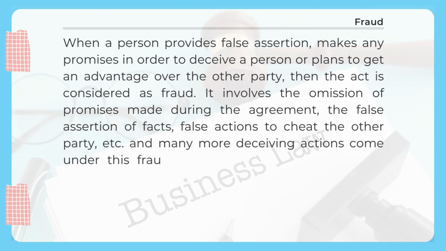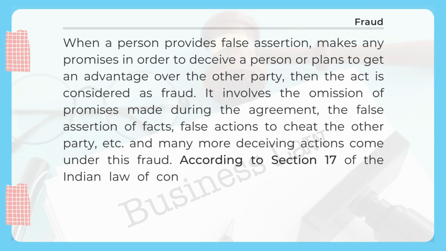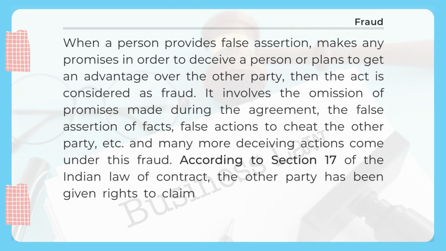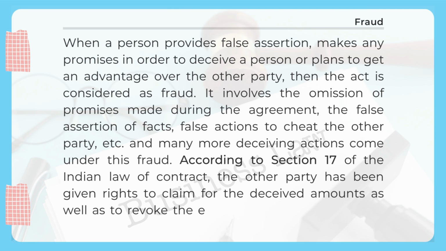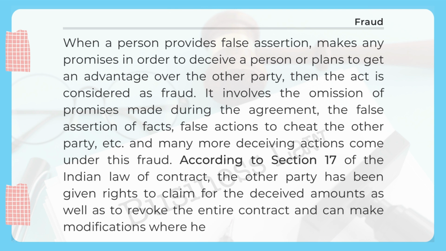So, fraud means complete omission of the promises made during the agreement, false assertion of facts, false actions to cheat the other party, and many more deceiving actions. According to section 17 of the Indian Contract Act 1872, the other party has the right to claim the deceived amounts as well as revoke the entire contract and claim damages.